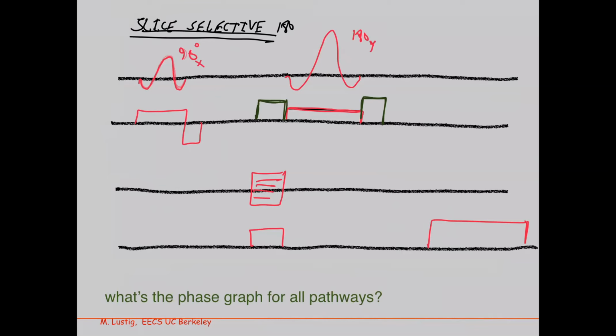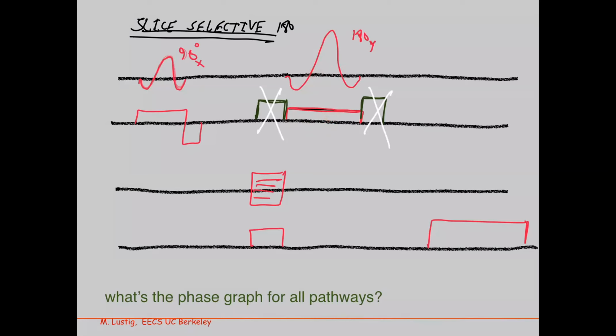So in the lab, by the way, you didn't have these. They only had this part, which is great. It should still work, except that if you have an imperfect 180, then you might create some parasitic excitation over here.